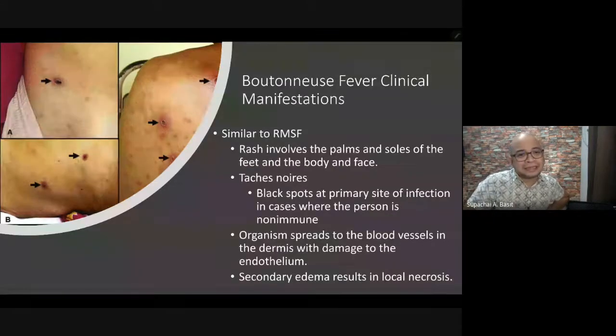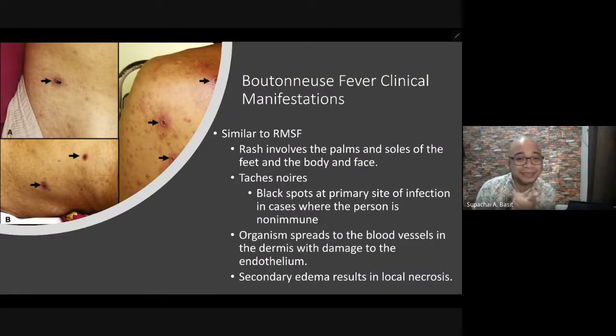So the clinical manifestation of the Boutonneuse fever is similar to Rocky Mountain spotted fever, which means that rashes would involve the palms and soles of the feet and the body and that of the face. Okay, so it is also characterized by, I hope that I pronounced it correctly, tache noire. Okay, or kindly Google the correct pronunciation.